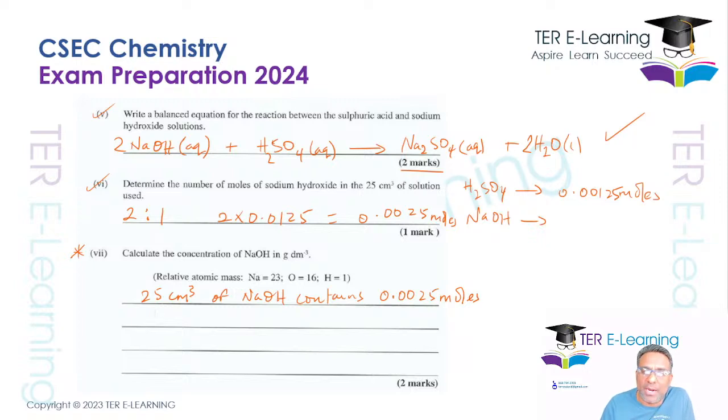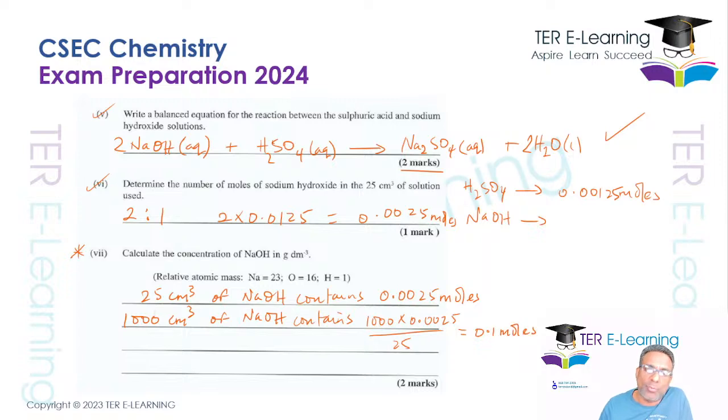Therefore 1000 cm cube of NaOH contains, and again I'm going to cross multiply, 1000 multiplied by 0.0025 all over 25, and that's going to give us 0.1. So I'm getting 0.1 moles.